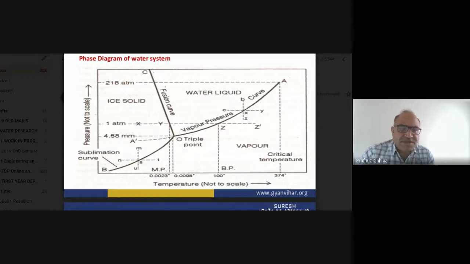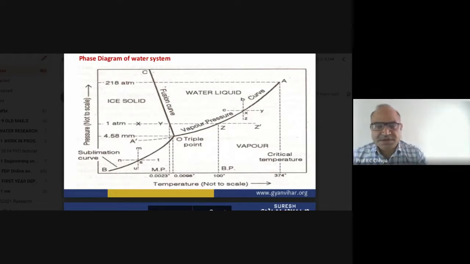Now one more thing is the OC curve, the sublimation curve. Here the solid state is converted into the gaseous state, and that system is sublimation.